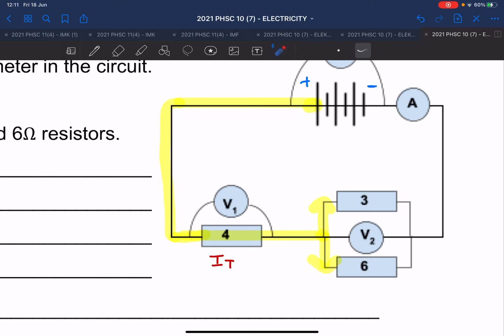Why will the current not go through the voltmeter? Why is it impossible to go through Miss Fushia? Because the voltmeter is Miss Fushia.